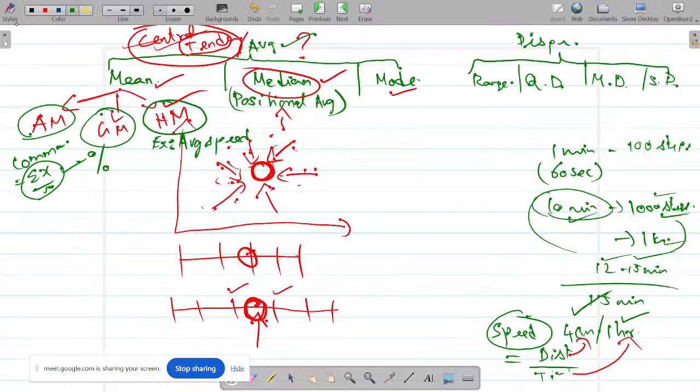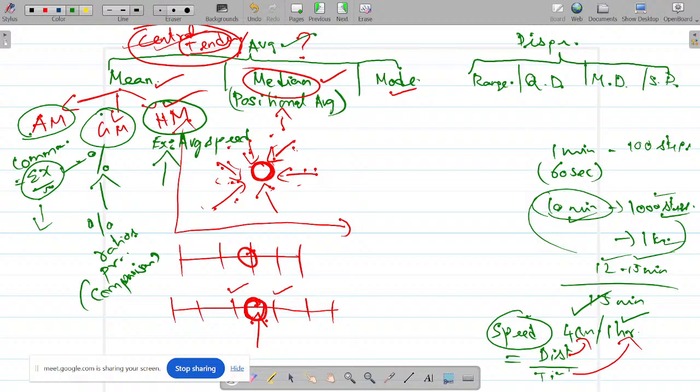When you are using harmonic mean, you have 2 units representing 1 unit. When you use geometric mean, we have percentages, ratios, proportions, or something compared and provided to you. When you use arithmetic mean, nothing is given. It's very blank data. They give some values like 5, 10, 100 and ask you to find the average. Which average are you going to use here?